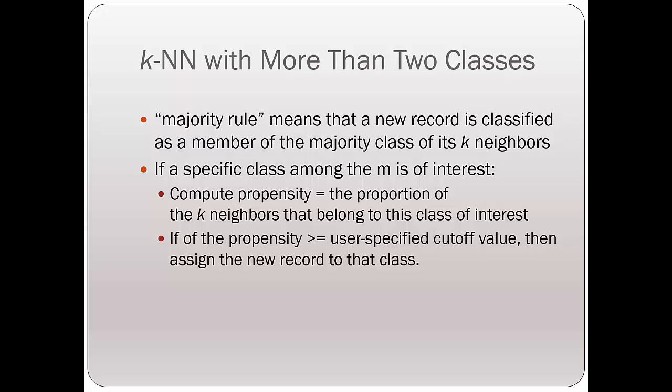If you have more than two classes, you compute the propensity for each of the classes and select the class with the largest propensity. Or if among the several classes one is of primary importance, not the others, then you would calculate the propensity for just that one class.